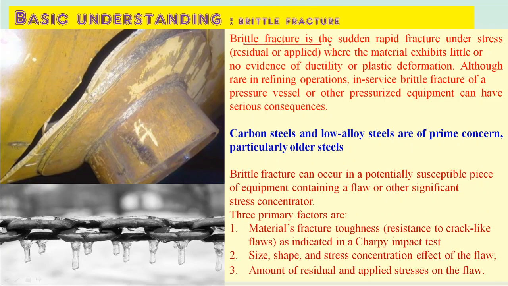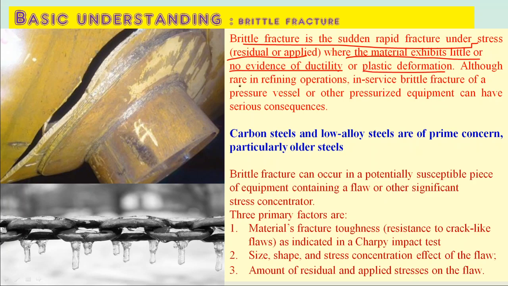Brittle fracture is the sudden and rapid fracture under stress, residual or applied, where the material exhibits little or no evidence of ductility, because this is a sudden phenomenon, and when it happens the material's ductility is lost. There is no plastic deformation.